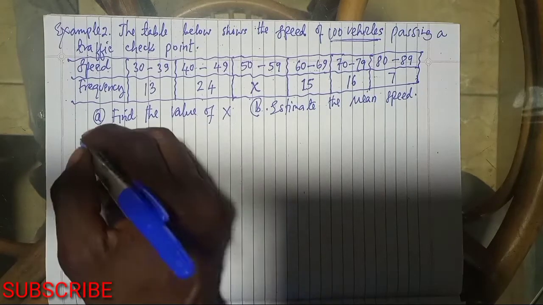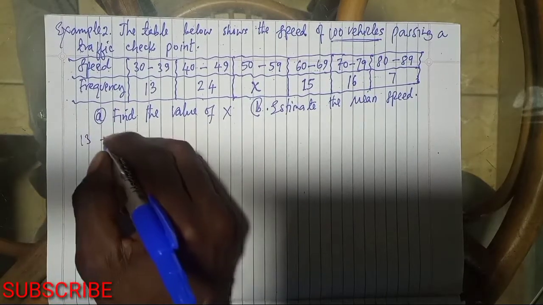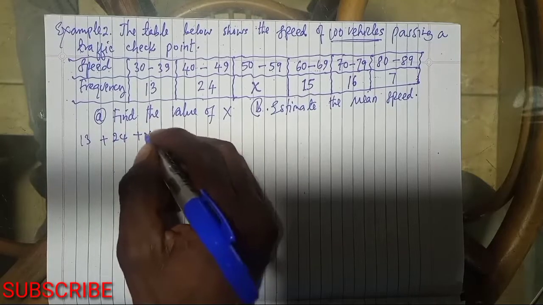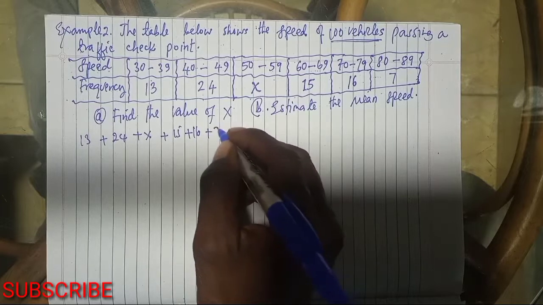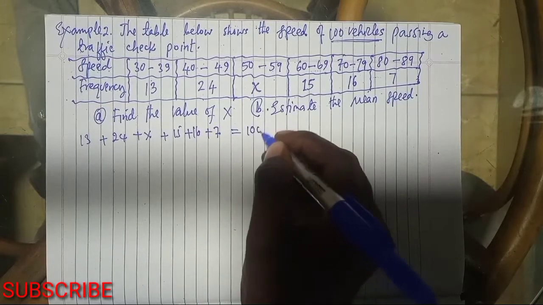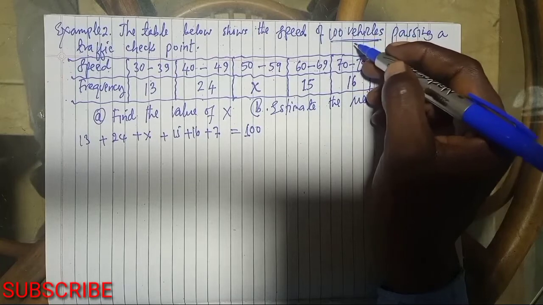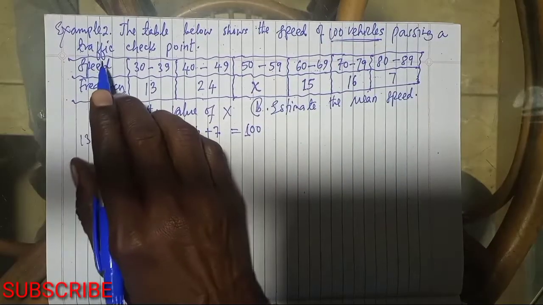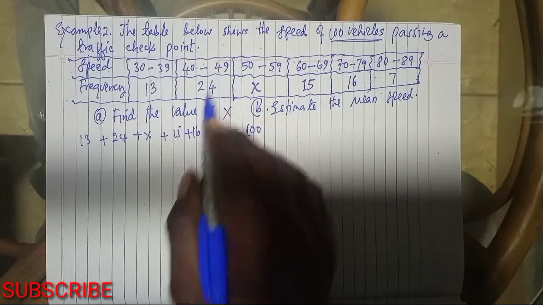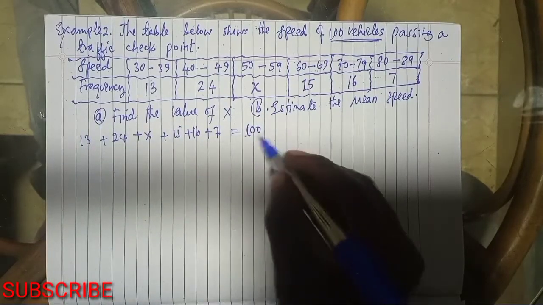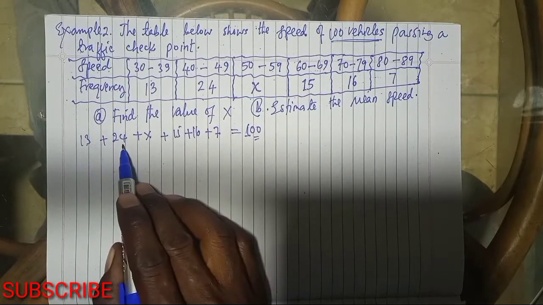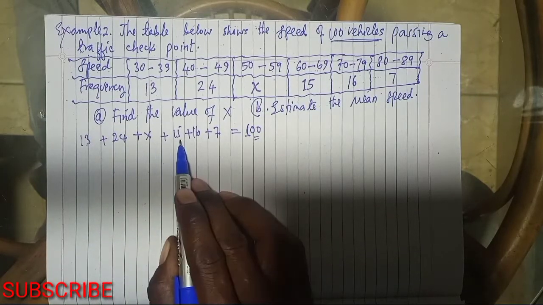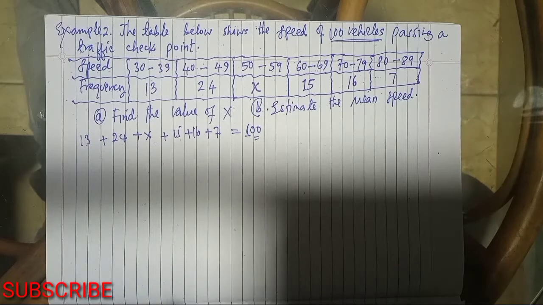We have 13 plus 24 plus unknown X plus 15 plus 16 plus 7 equal to 100, because 100 cars were recorded passing the checkpoints.